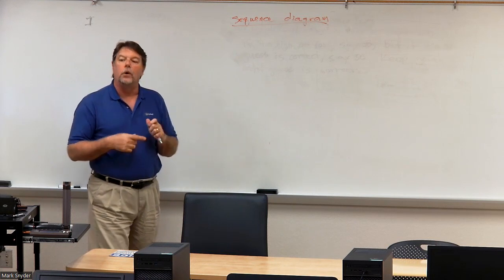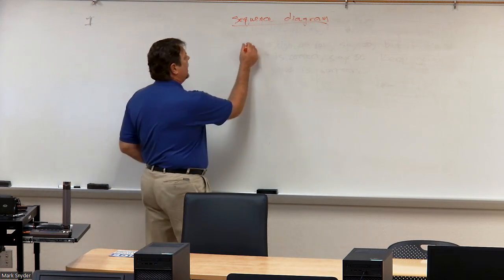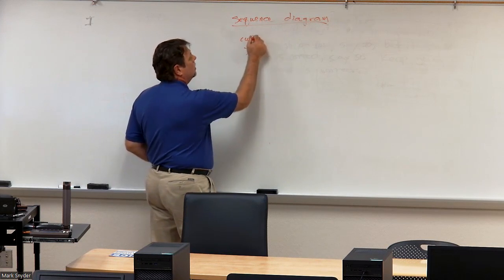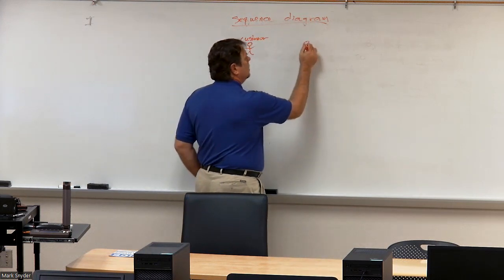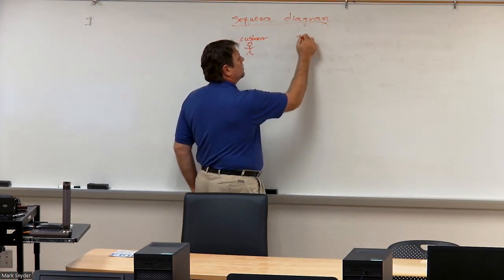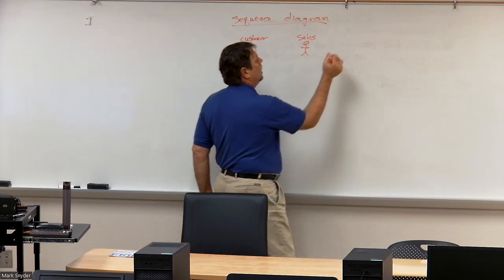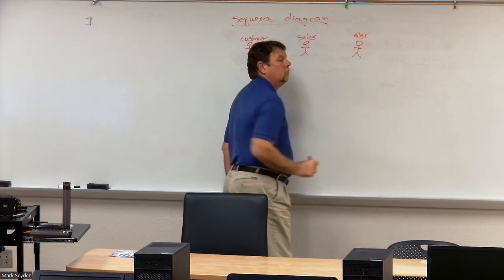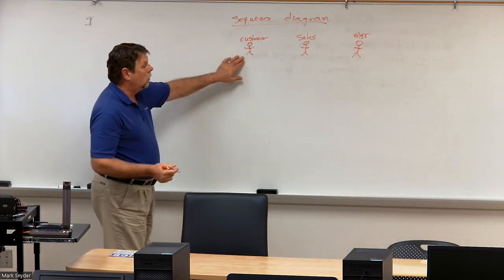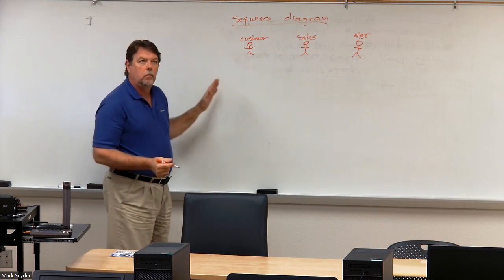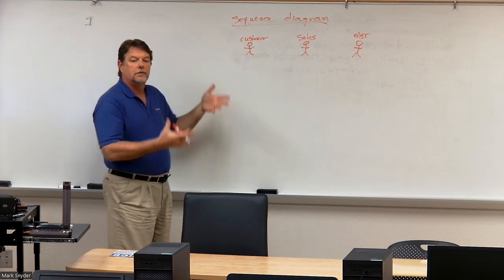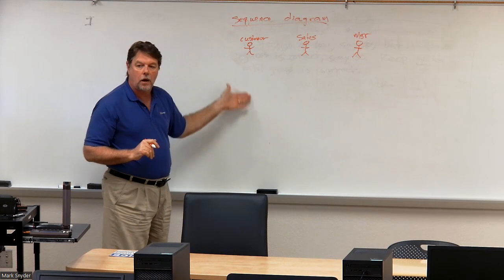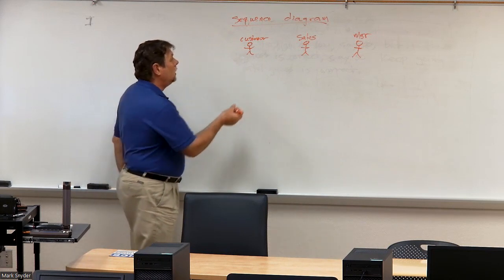This might be like if you were going to go buy a car, you would say, okay, I've got customer, I've got salesman, and I've got the manager. So the sequence diagram is built up out of all of the things that can happen between those three actors to accomplish what we're trying to accomplish. Let's say we're trying to buy a car.